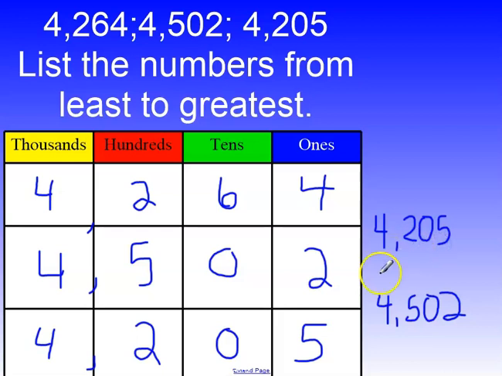And our middle number was 4,264. So now we have all of our numbers listed in order from least to greatest.